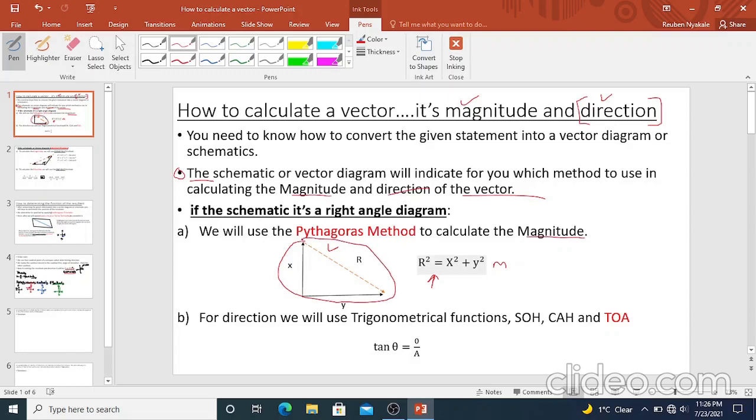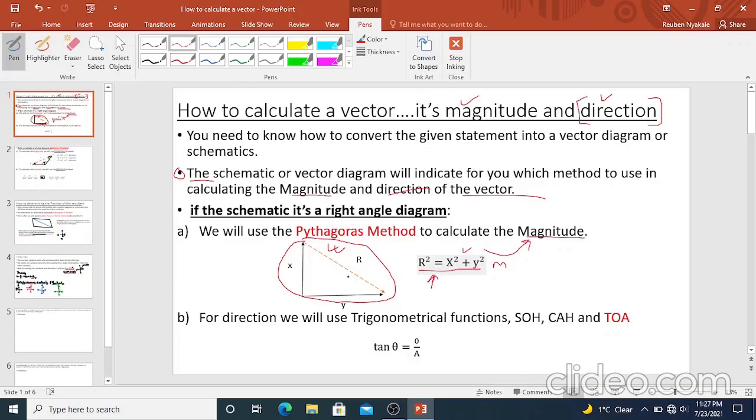If the schematic gives you the right angle, you will use the Pythagoras to determine the magnitude. Here's the formula of Pythagoras.